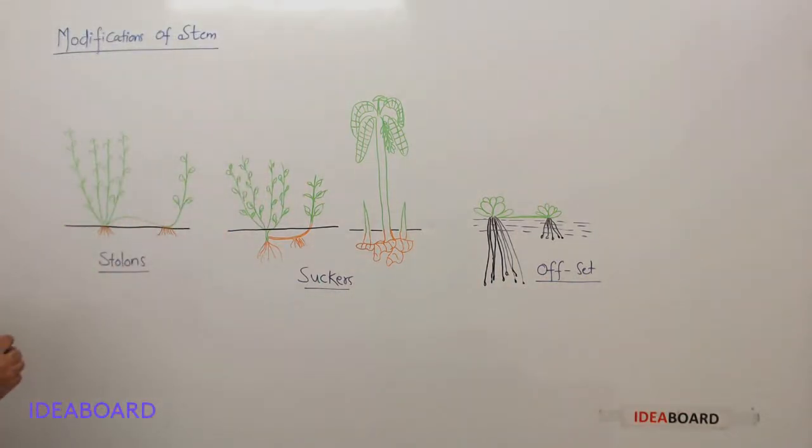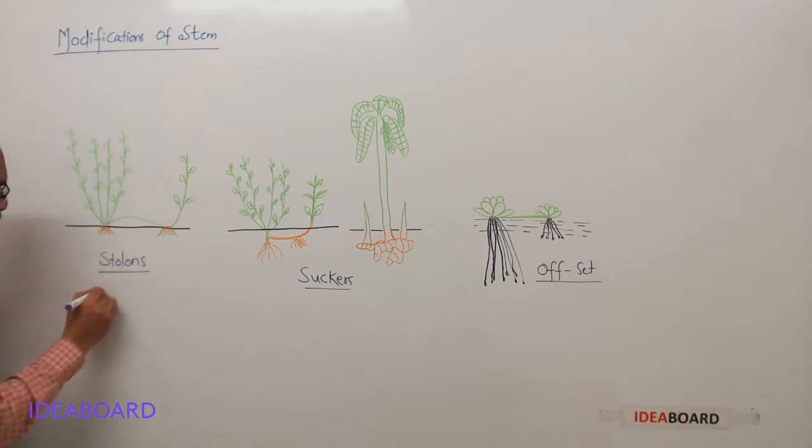Okay. Here you see the examples for the stolons are jasmine.